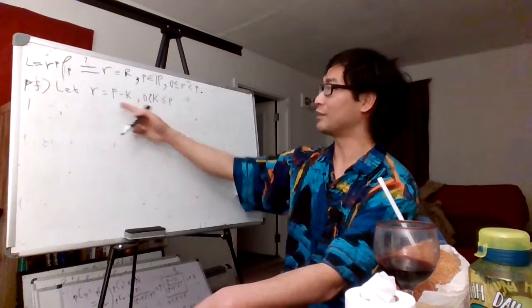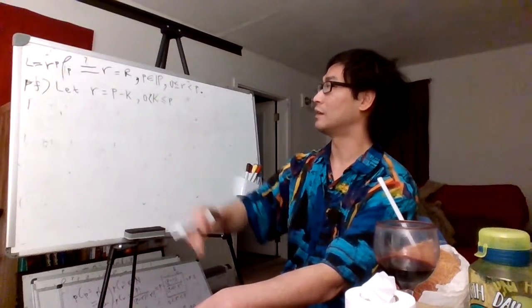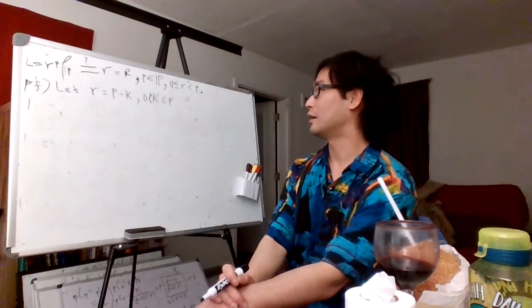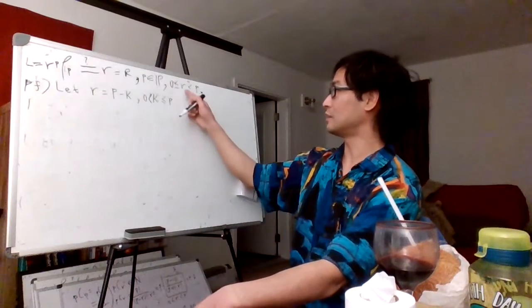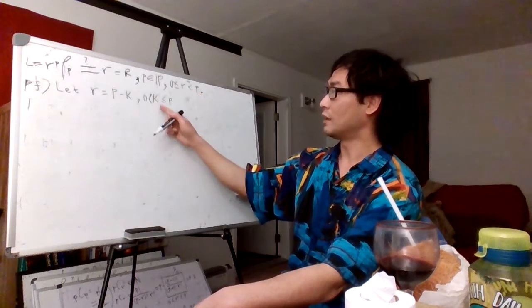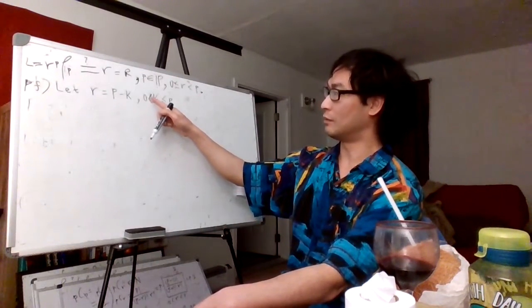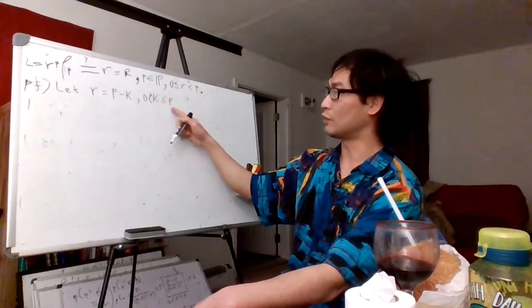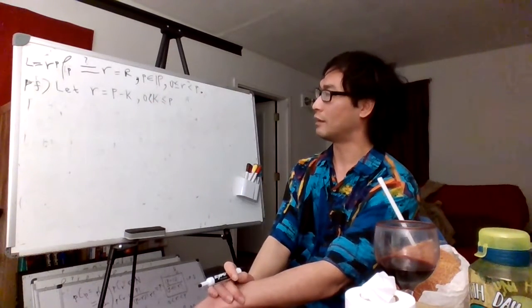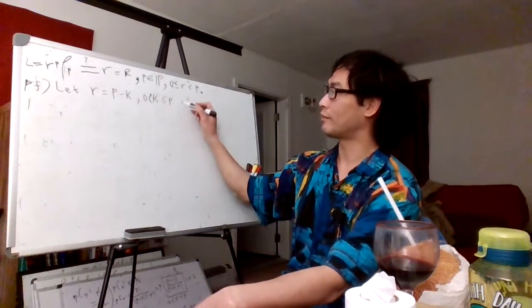The remainder can be 0, right? But r is strictly less than p. So k has to be more than 0 and less than or equal to p.